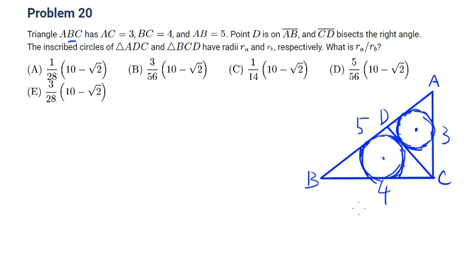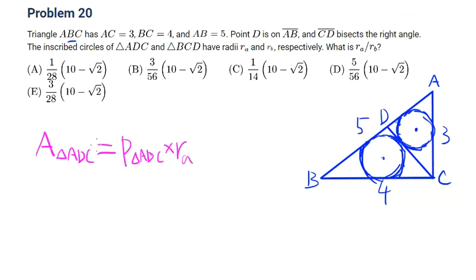Of course, when we're talking about inscribed circles, the first thing we'll think of is the area of triangle ABC is equal to the perimeter of ABC, P, times the radius of the circle.